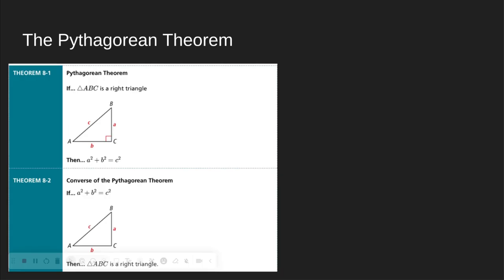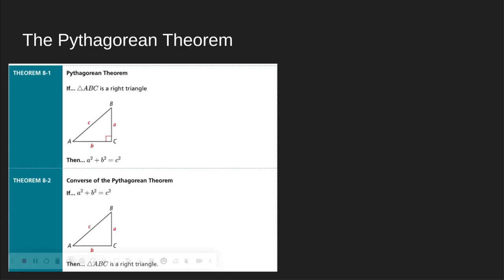Okay, it has to. The converse just uses the Pythagorean theorem to prove that a triangle is a right triangle. So notice the order. If something's a right triangle, then a squared plus b squared equals c squared. And then the converse says if a squared plus b squared equals c squared, then it's a right triangle.